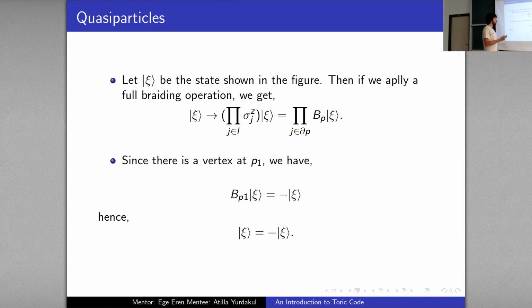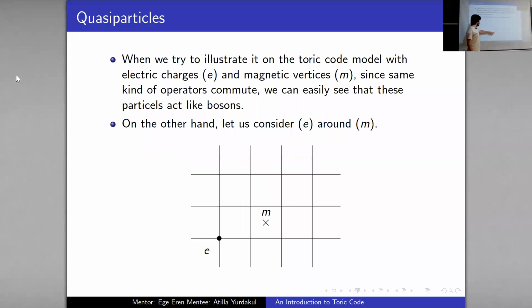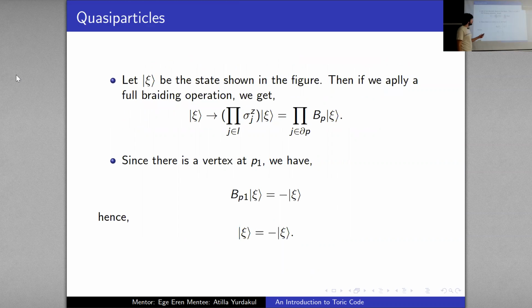This is a Stokes theorem like result, because when we travel it around this, it is equivalent to evaluating each one in the plaquettes. So the state C is equal to plaquettes times C.